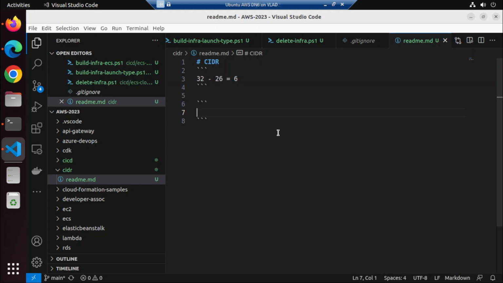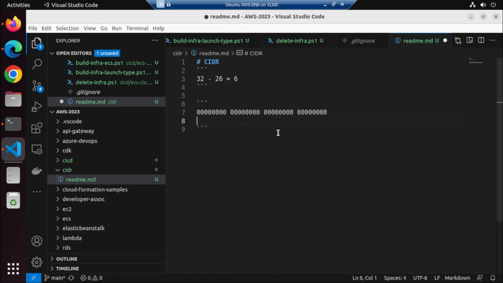So this is 32 bits. 1, 2, 3, 4, 5, 6, 7, 8. 1, 2, 3, 4, 5, 6, 7, 8. That is 16. And then this is 32.